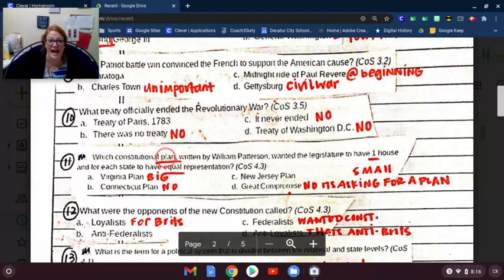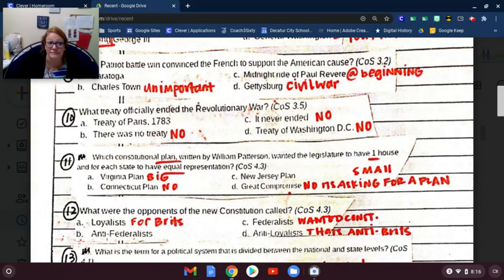Right here, it asks for a plan. So it can't be D because it's asking for a plan, and this is a compromise. So then if you really don't know, you're stuck with B and C. You got a 50-50 chance, okay? But New Jersey, remember, is super small, okay? So it's got to be C.